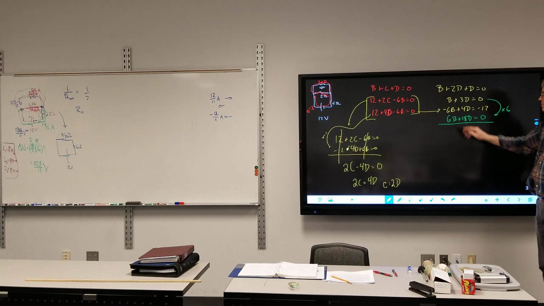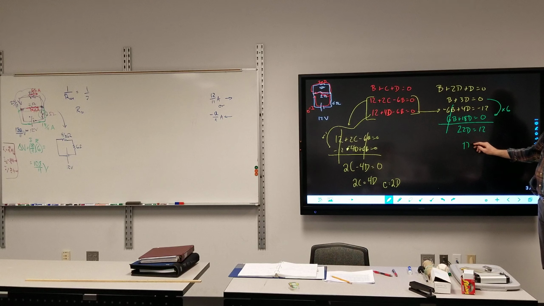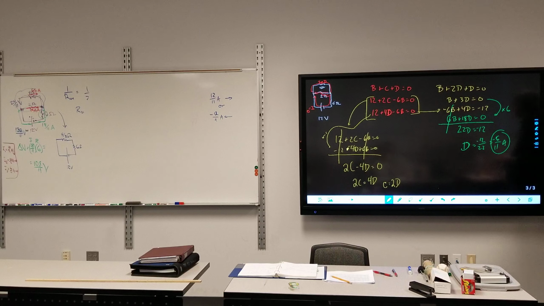I now add them. That cancels out. I'm left with 22D is equal to -12. D is equal to -12 over 22, which is -6/11 amperes, which is what we got the last two times.